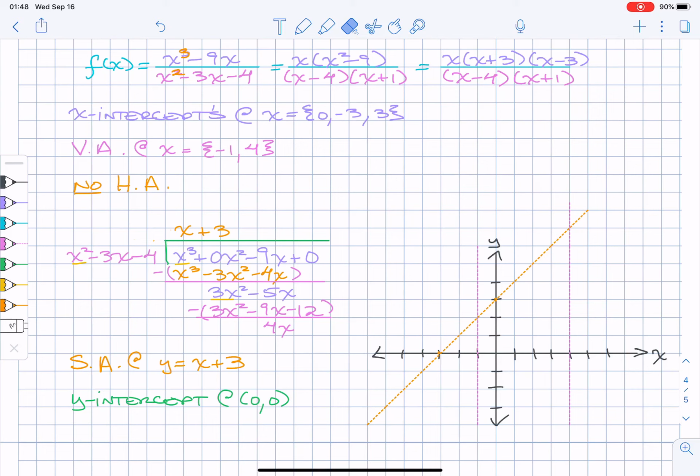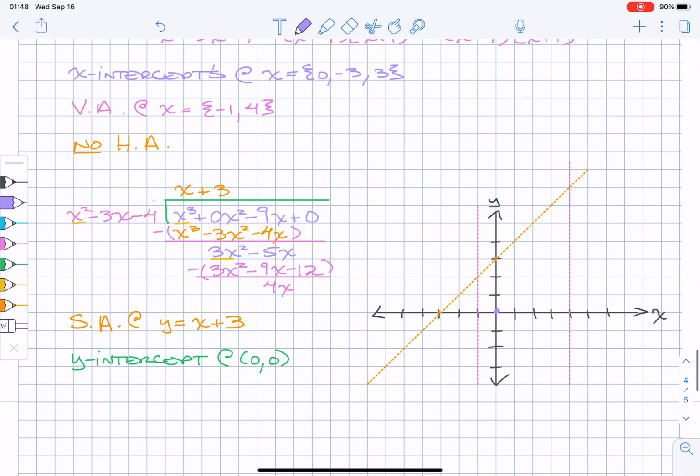So where my x-intercepts are at 0, -3. Now it's okay to cross a horizontal or slant asymptote. We can never cross a vertical asymptote. +3, and my y-intercept was the same. It's still 0.